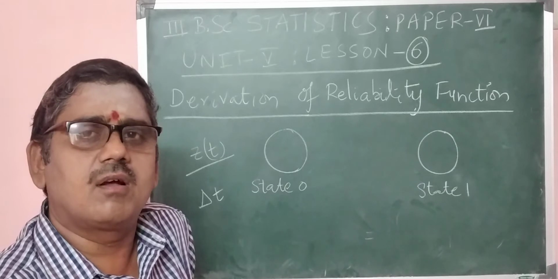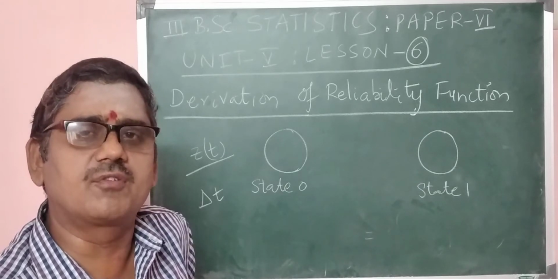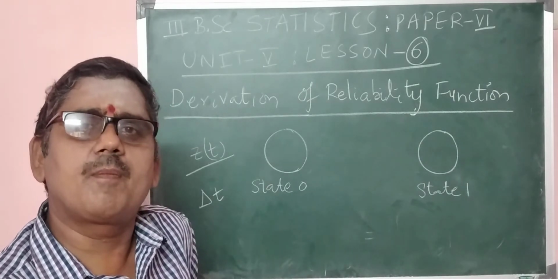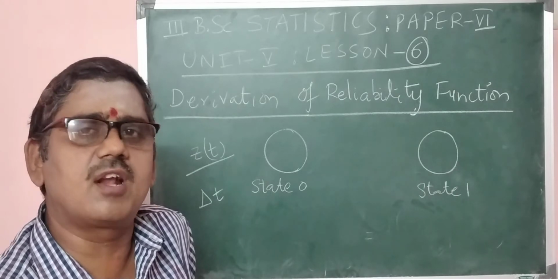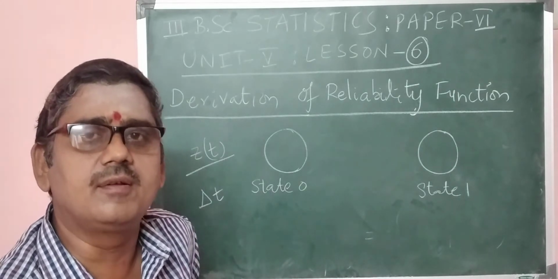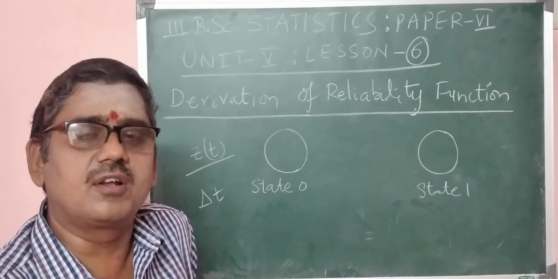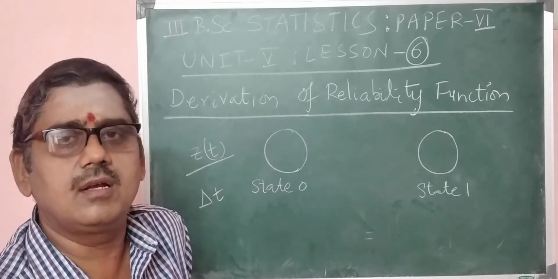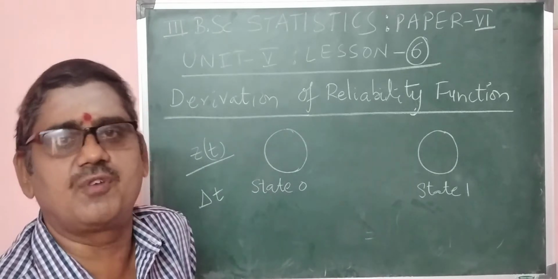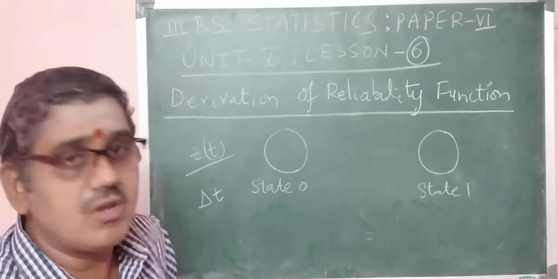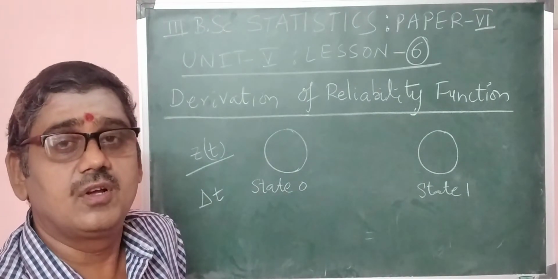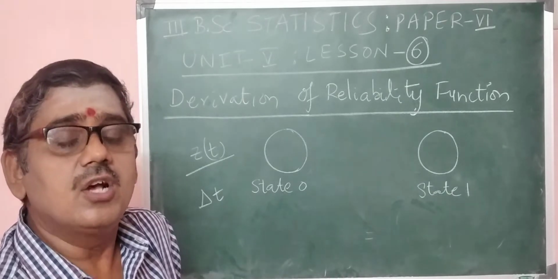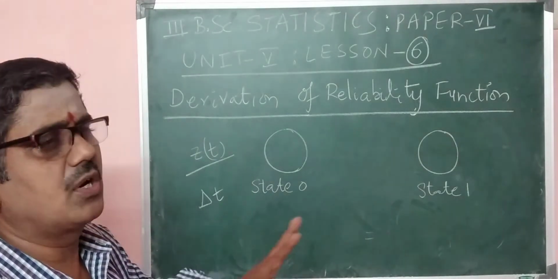For example, a particular item works for 4 years, or 4 years, 5 months, and after that in a particular fraction of time it was failed. That is called delta t, the fraction of time after the time period t. It was survived after the time period t and then in some particular time period it was failed. That is the reason why we are specifying delta t. Hope you understand. I hope you are following, right? So delta t is like that. Just remember in that fashion.